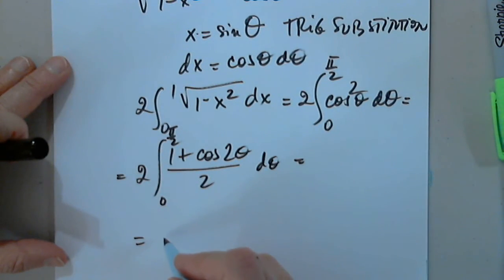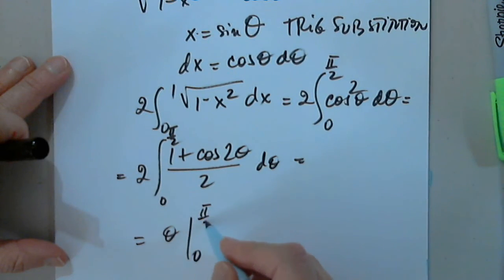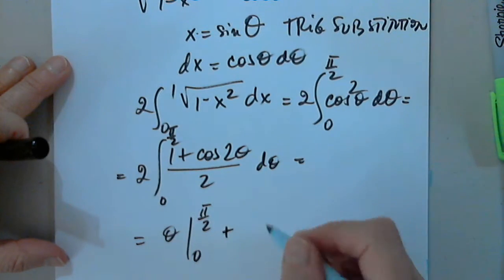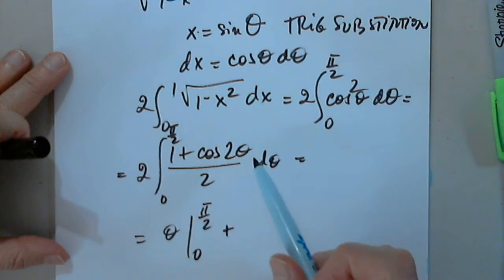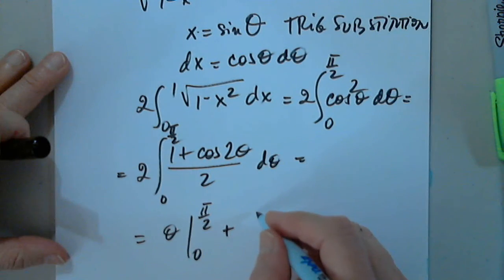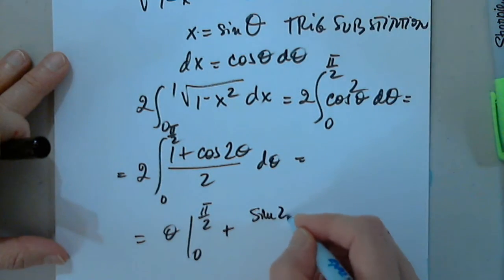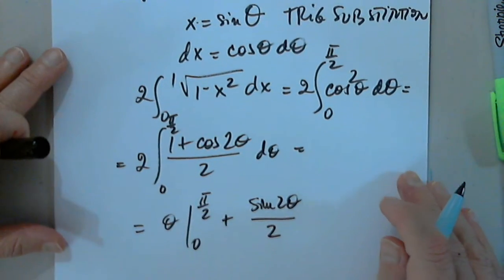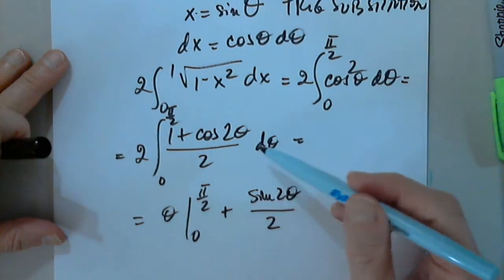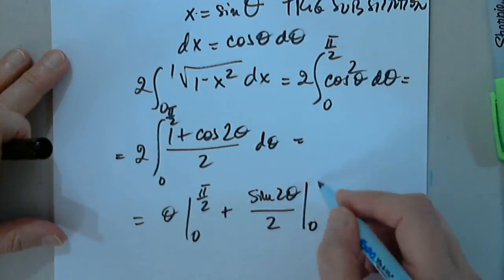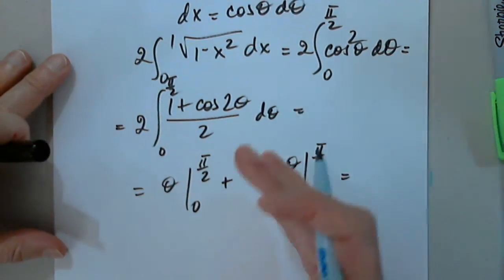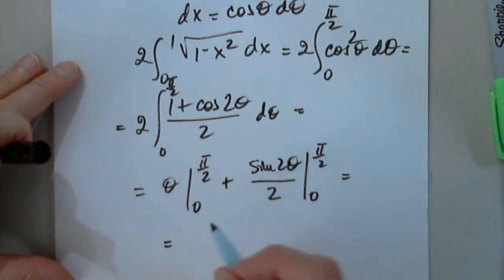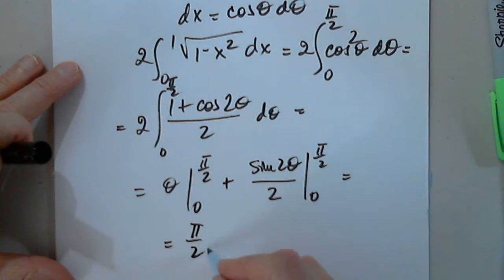So this is theta from 0 to pi over 2 plus cosine 2 theta. So this will be sine 2 theta over 2. Because when I differentiate this, yes, from 0 to pi over 2. We're going to do this with a calculator, but since I have to show you, I'm showing it. So pi over 2 plus 1/2.